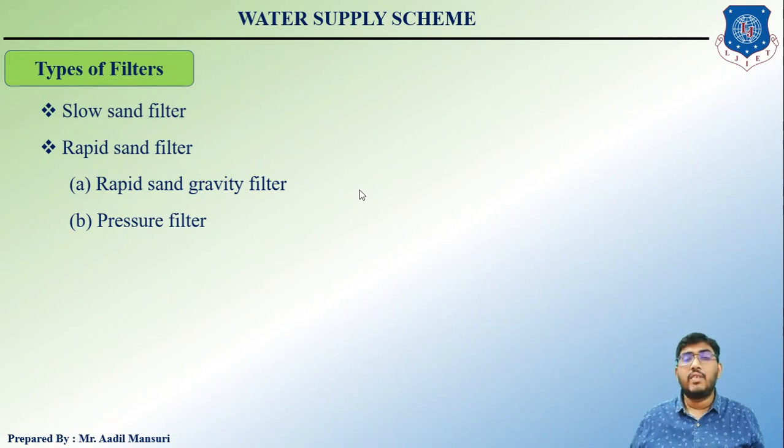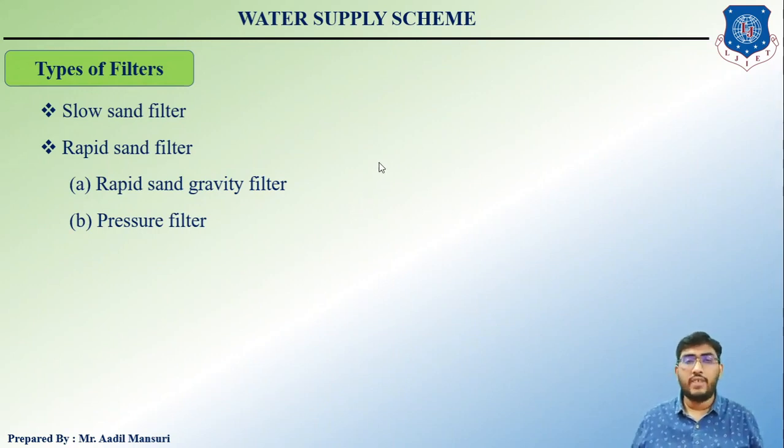And lastly, the method and frequency of cleaning the filter media, right? The reason why we need to keep on cleaning the filter media is that the water will be containing certain kinds of impurities, dust or silt or clay, right? And when it passes through different layers, the pores between the layers will get clogged, right? So we need to clean the filter media.